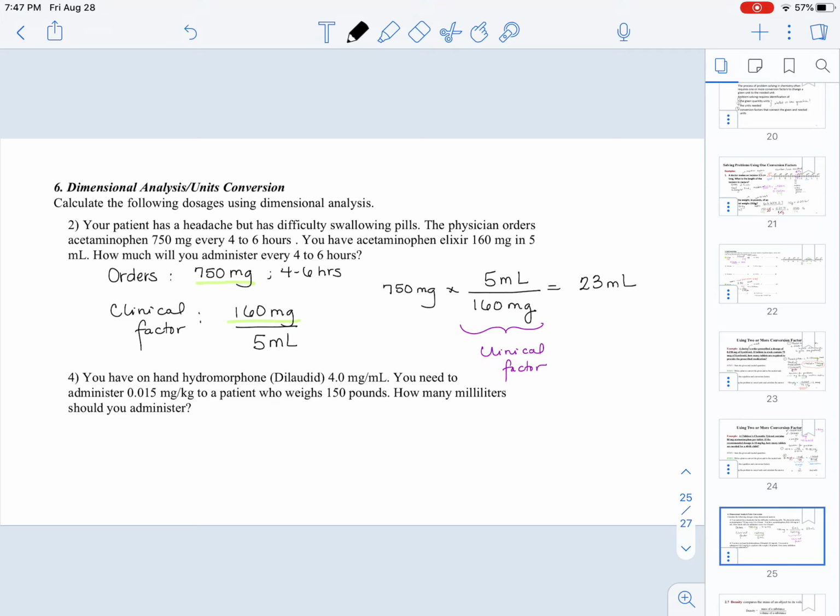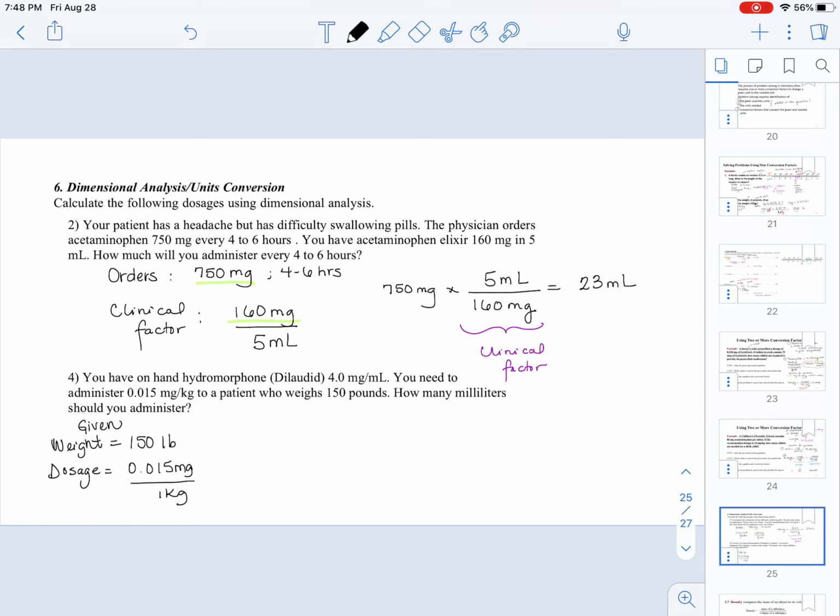Okay, so remember, let's write down what is given in this problem, which is going to be the weight of the patient, or the body mass, which is 150 pounds. We have the dosage at which we need to give it to the patient, which is 0.015 per 1 kilogram.